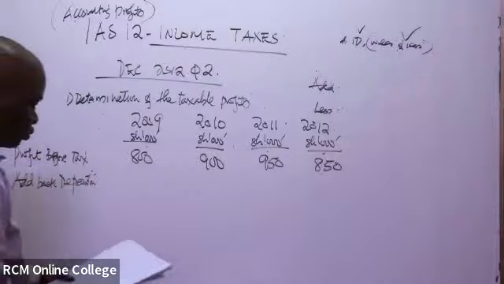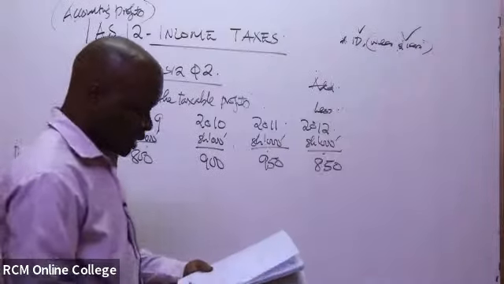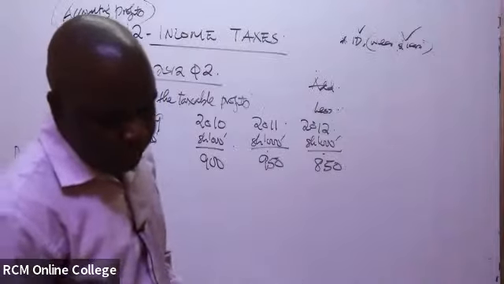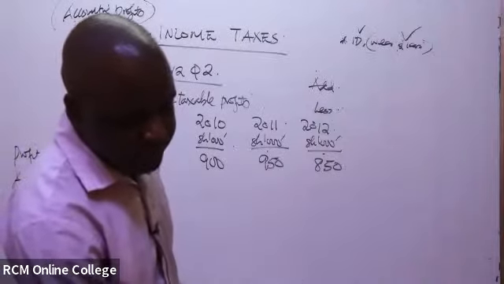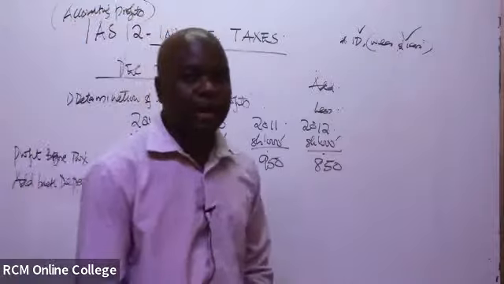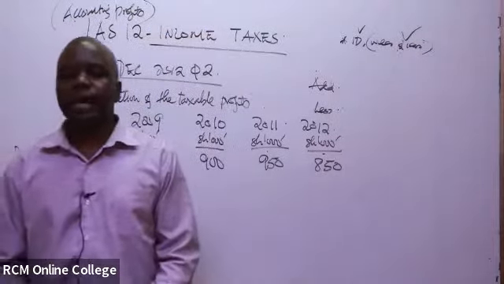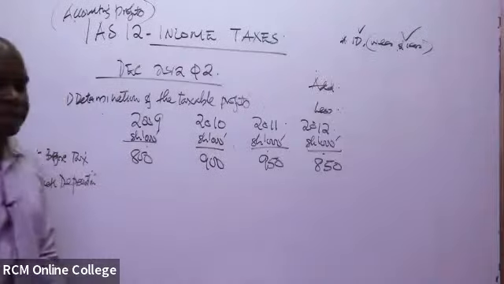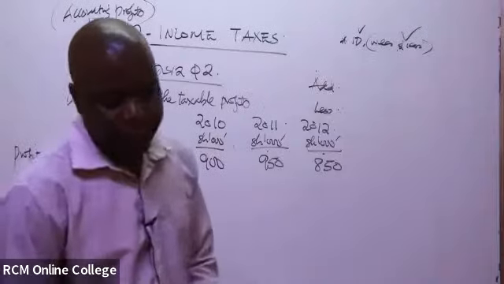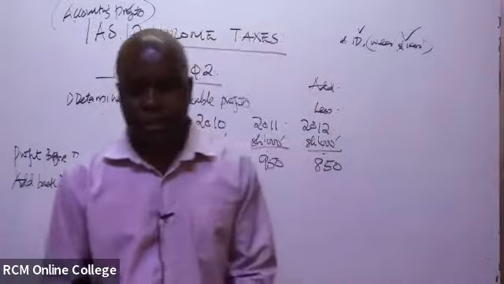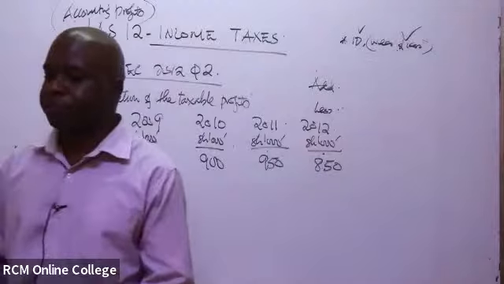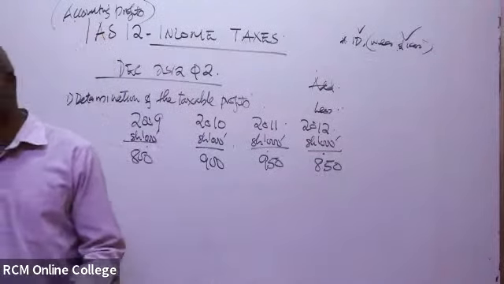And of course, we've been told that depreciation was on a straight line basis, 25% per annum, on the cost of this equipment. So our depreciation will be how much? It was on straight line.